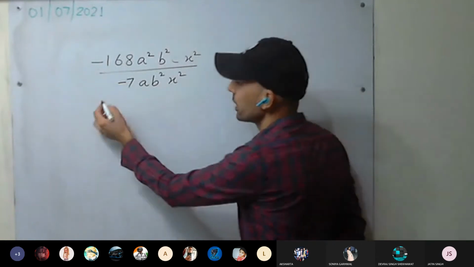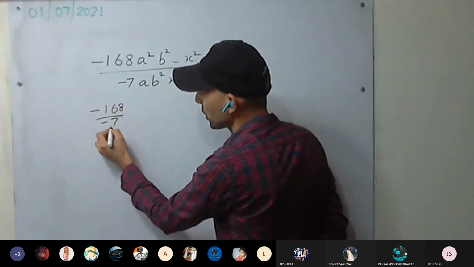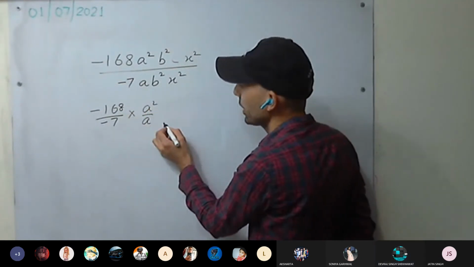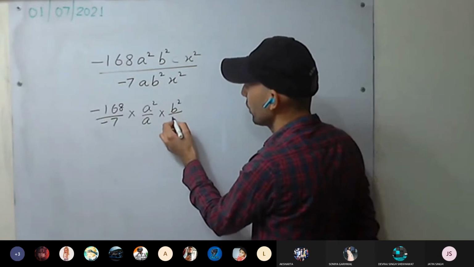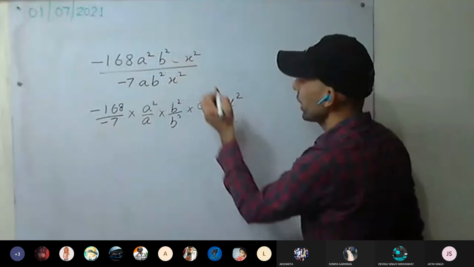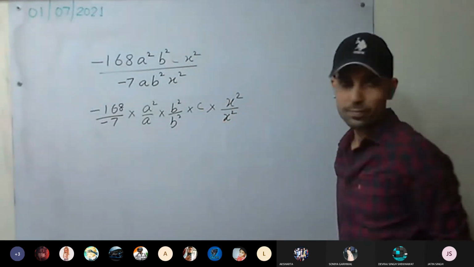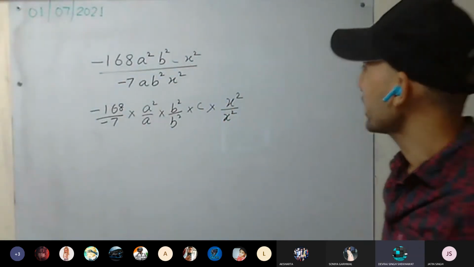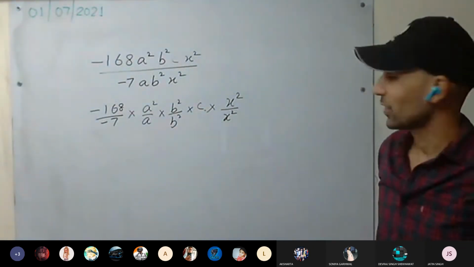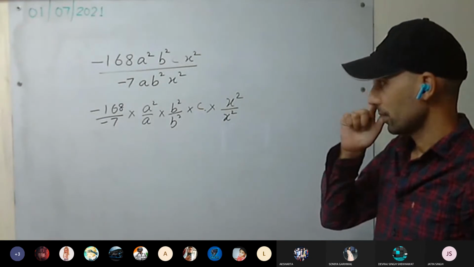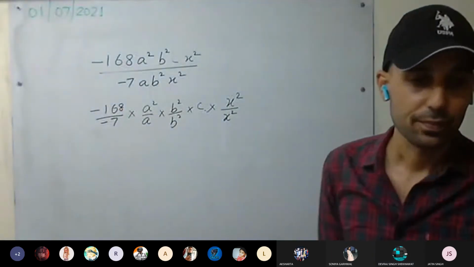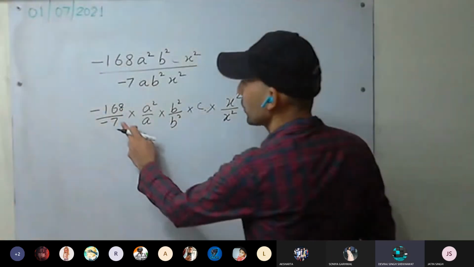Okay, now solve it. So minus 168 divided by minus 7. Minus sign will go away, it becomes plus. A square divided by a, into b square divided by b square. C remains alone. No one is there to divide c. Or I can say 1 is there. But we don't require it. Now start dividing. How much will it come? 168 divided by 7. 7 to 14, 24.